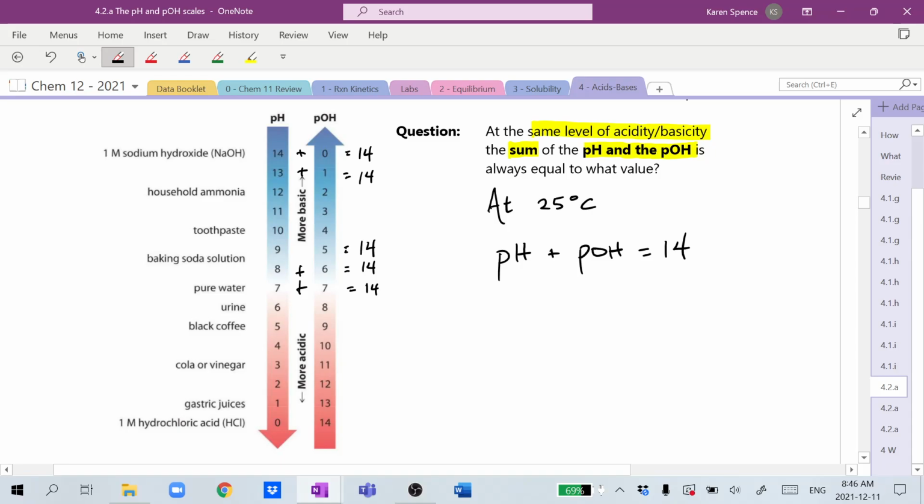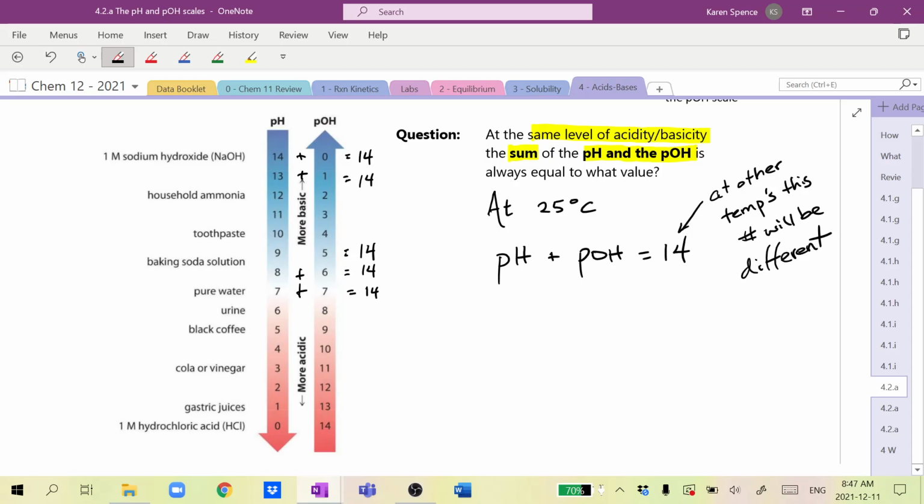And this is true only at 25 degrees Celsius. At other temperatures, this number will be different. pH plus pOH will equal something different. We'll talk about that in a later class.